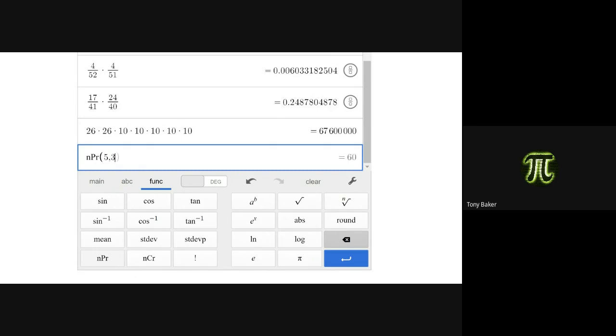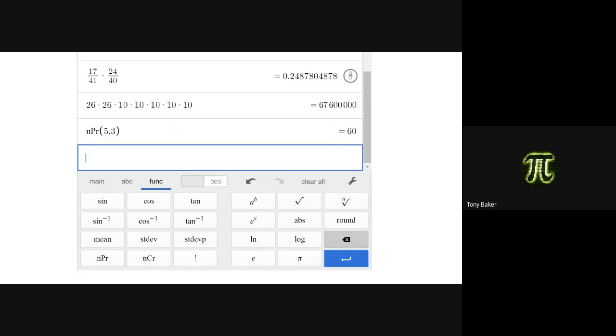So 5 choose 3. 3 choose 5, it'll yell at you. Because how can I choose 5 numbers if I only have 3 to start with? True? So it won't work.